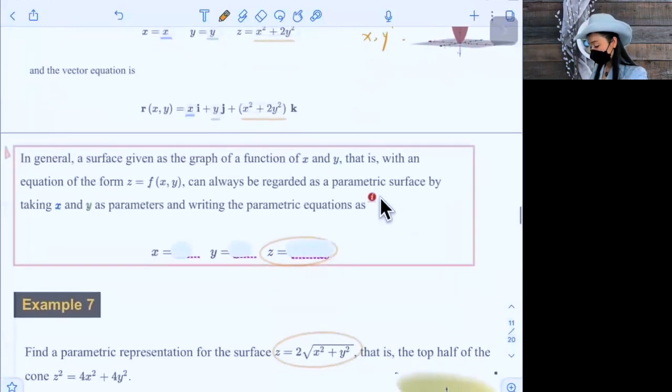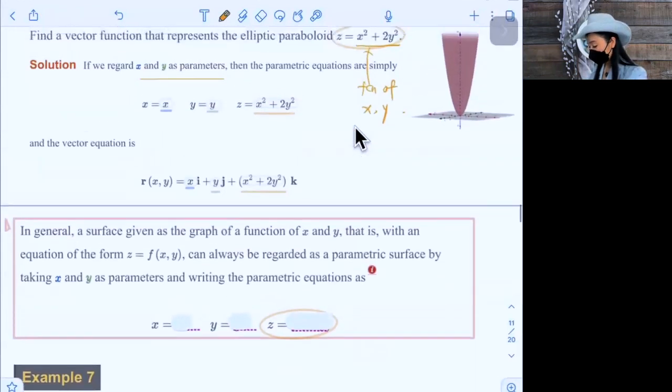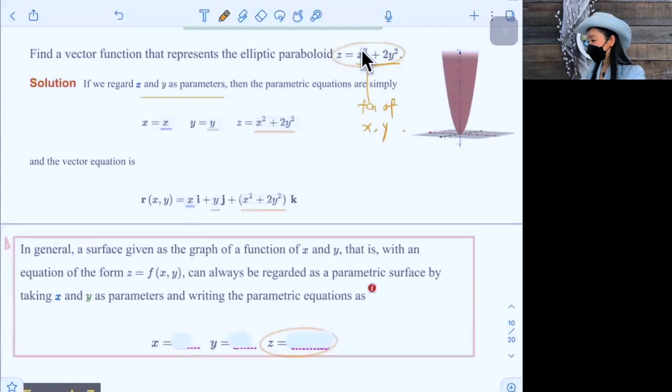Now here is the weak mark right here. In general, a surface given as a graph of a function of x and y, like the one we just had above, with an equation of the form z equal to a function of x and y, we can always regard as a parametric surface by taking x to be x, y to be y, and z as this function of x and y.